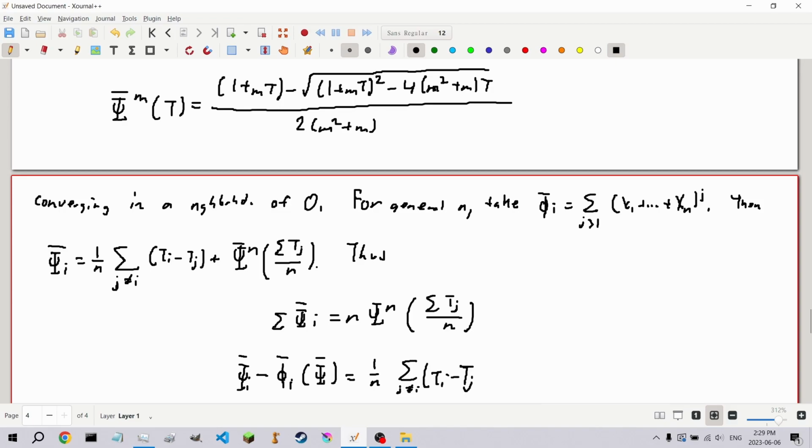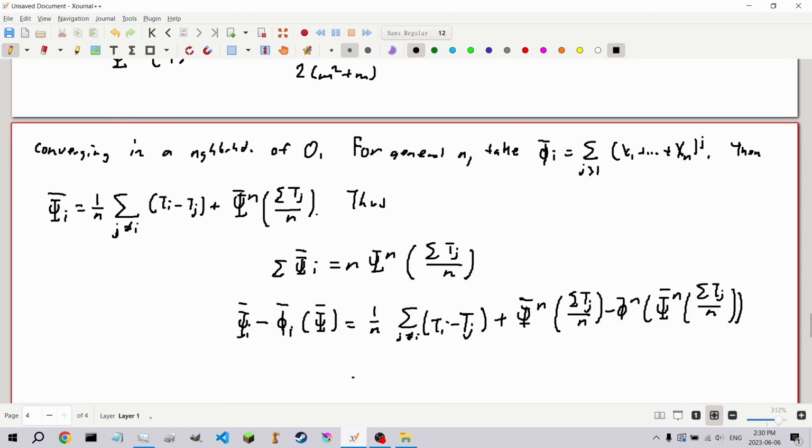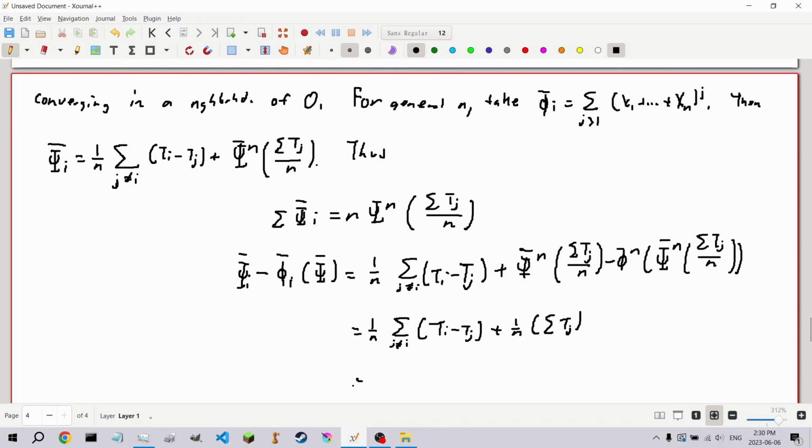I guess technically j can be equal to i, plus phi bar of n to the sum of tj's over n minus phi bar to the n of psi bar to the n of the sum of our tj's over n, which is equal to 1 over n times the sum of our j distinct from i of ti minus tj plus 1 over n times the sum of our tj's, which is just ti. And since we know that phi bar of i converges to the neighborhood of 0, the theorem is proved.